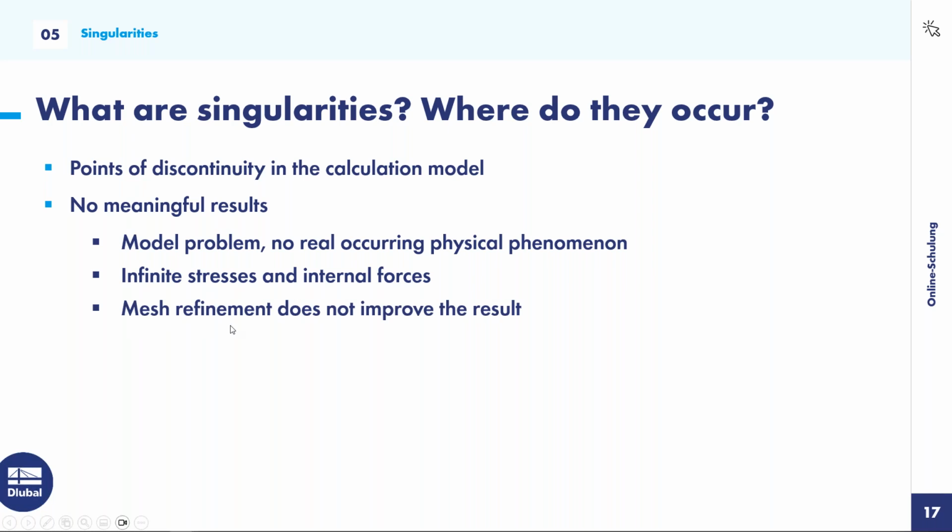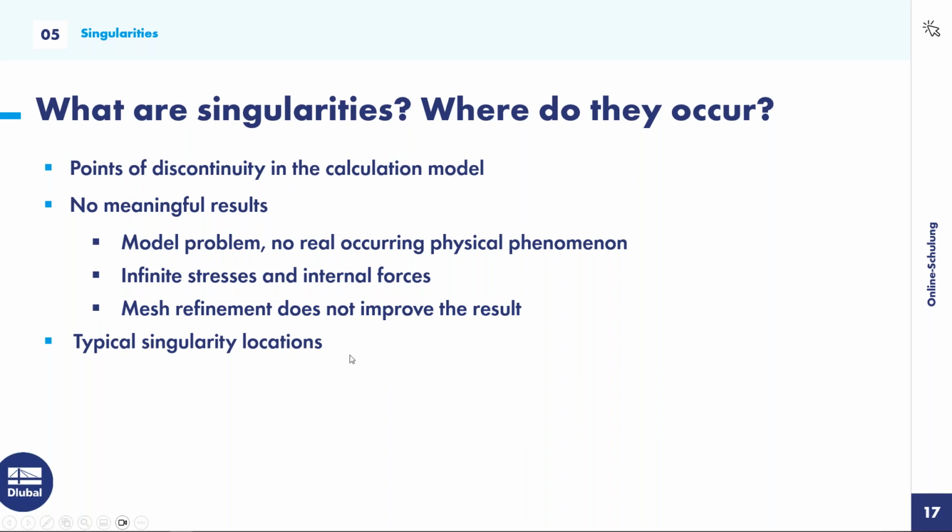And the problem is that a mesh refinement does not improve the result. On the contrary, when you have a singularity and you refine your mesh more and more, the singularity gets bigger and bigger. I will show you this in the next model.